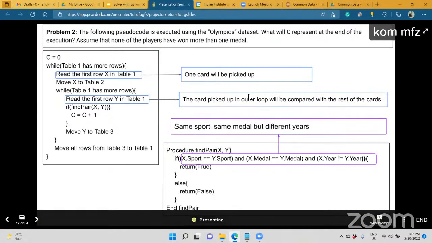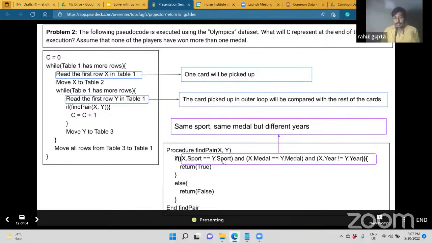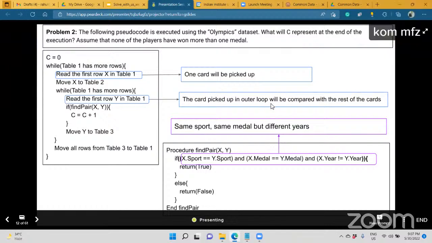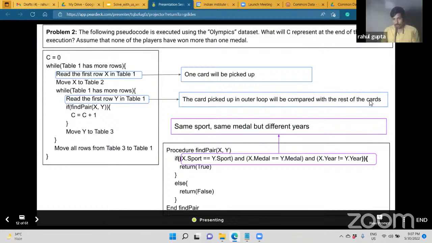Okay, the simple trick here is this is talking about the pair, right? Table 1 x, and in the same table I'm moving, again taking the first row and going to the last row. This is saying the card is picked up in the outer loop, and will be compared with the rest of the cards.